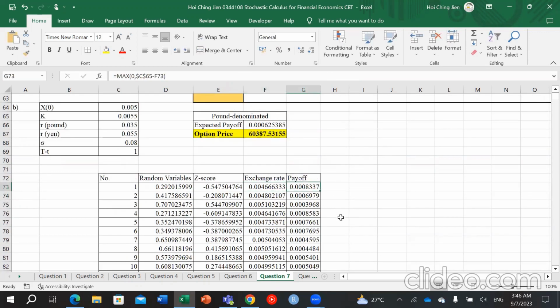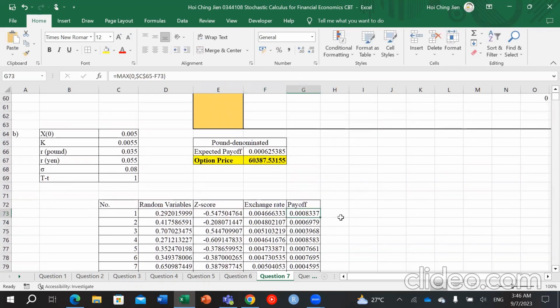For the payoff, we can choose to use pound denominated or yen denominated. For pound denominated, we have to use the put function, which is the maximum of K minus the exchange rate.